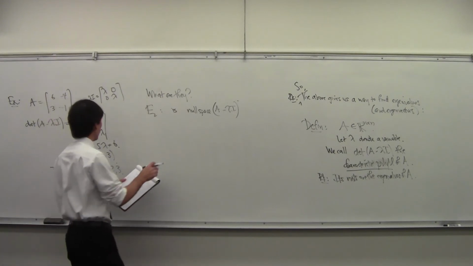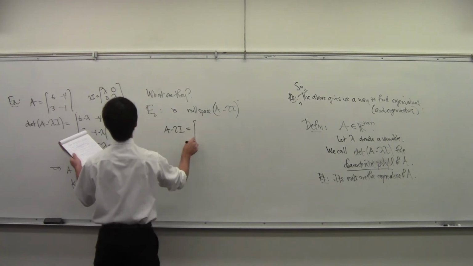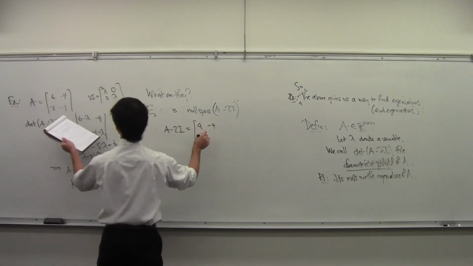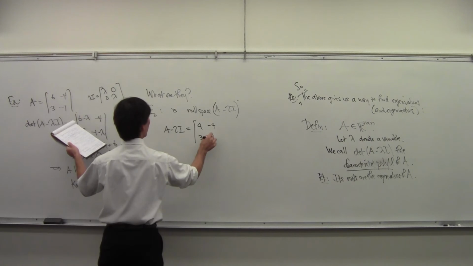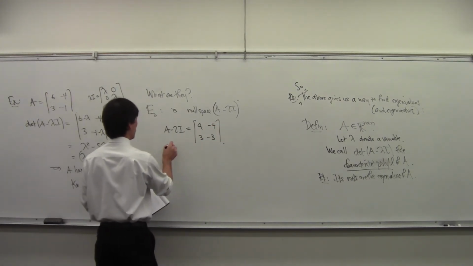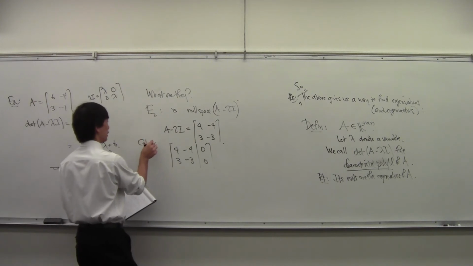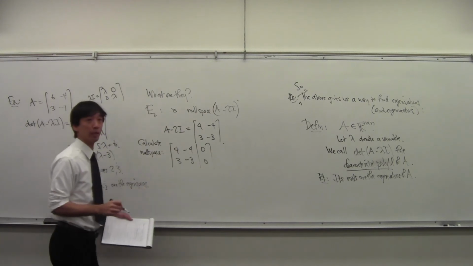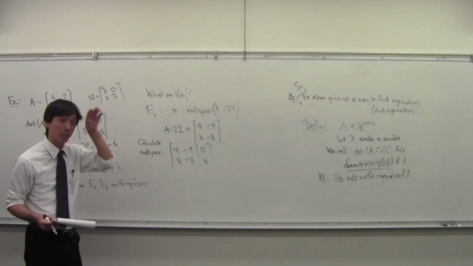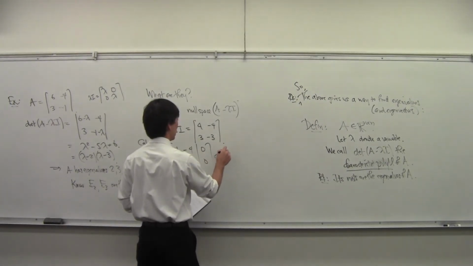So let's look at A minus 2I. It is the matrix [4, -4; 3, -3]. And you can calculate the null space, augmenting with 0, 0. You just do what we did many times before, your reduction.